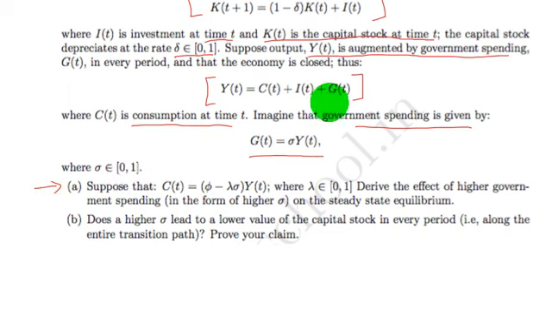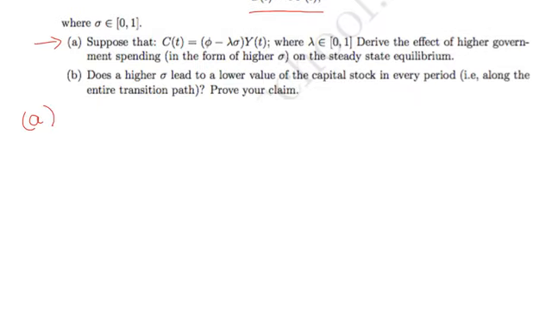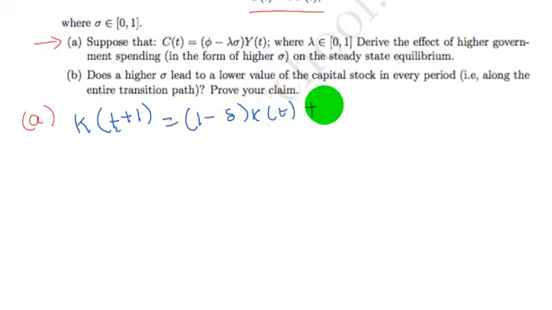Let us see how to do the first one. In this model, the law of motion of capital can be given as k t plus 1 equals 1 minus delta into kt plus it.